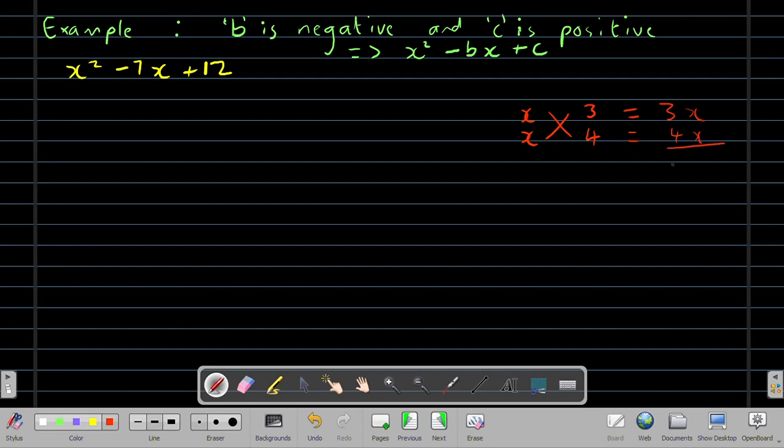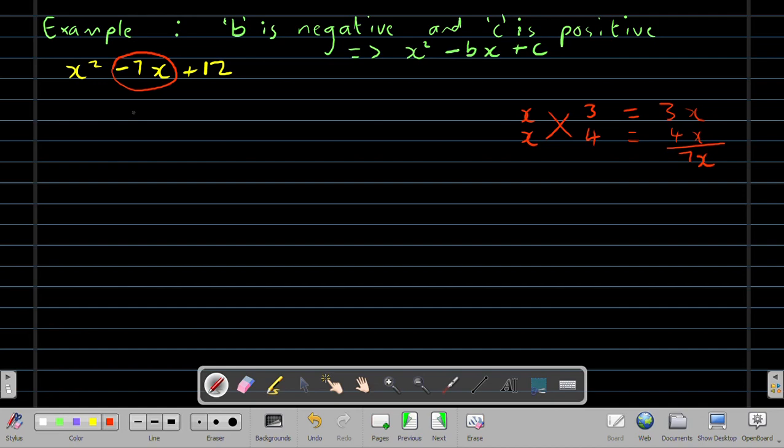And if we add these two up, we get 7x. Alright, so just like that, we already have this thing right here in the middle. So we know we're on the right track, but we also have to notice something.